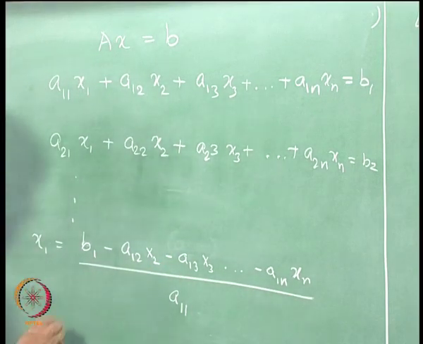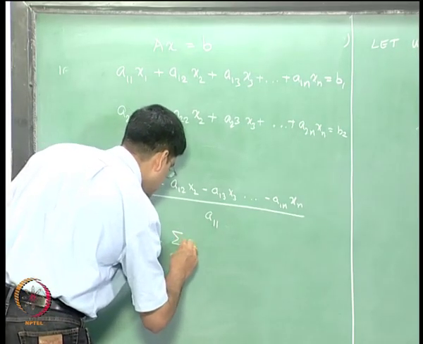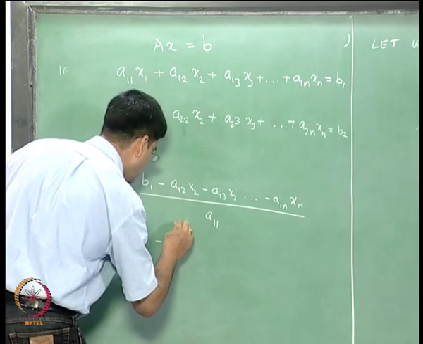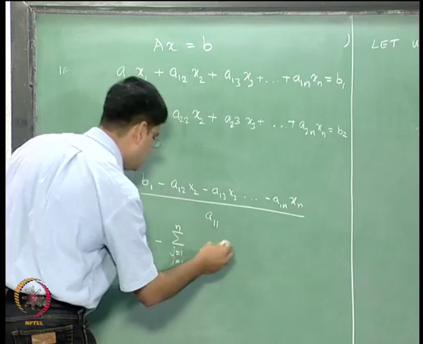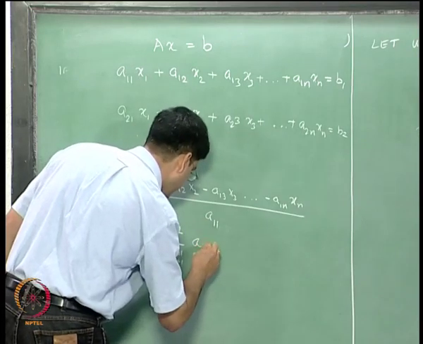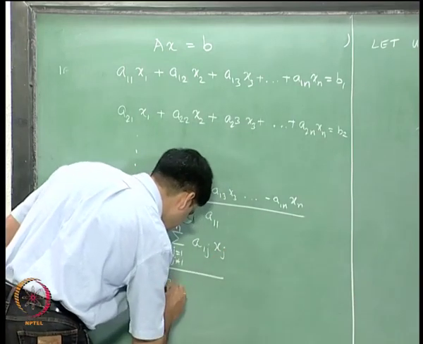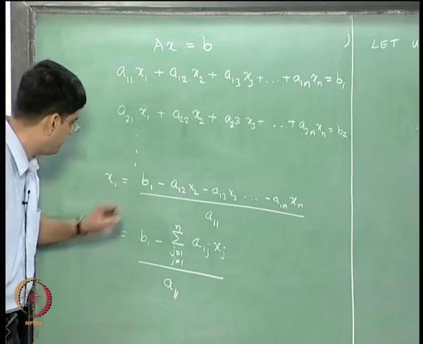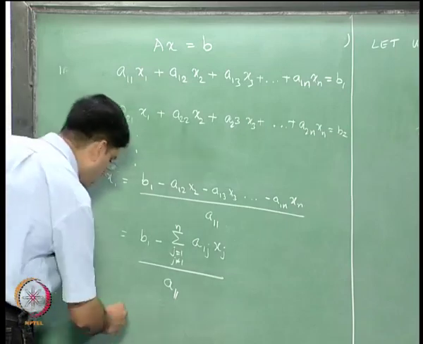This we can write down as b1 minus summation j equal to 1 to n, j not equal to 1, a1j xj, divided by a11. This is how we have written our x1.